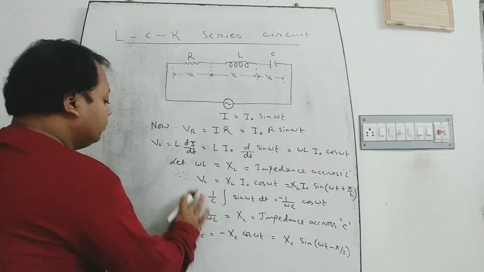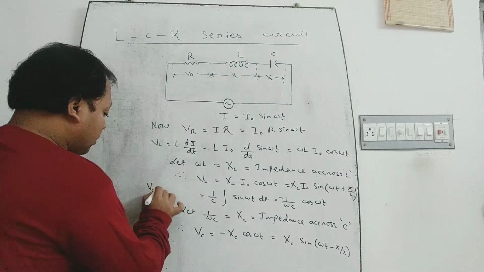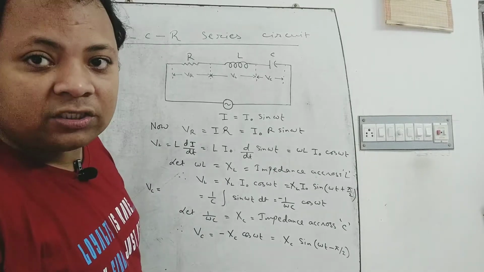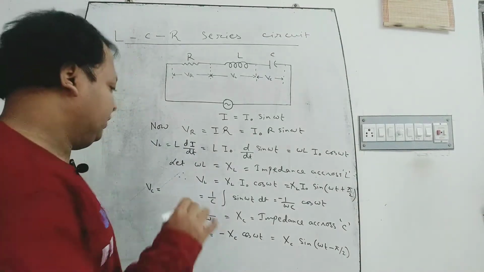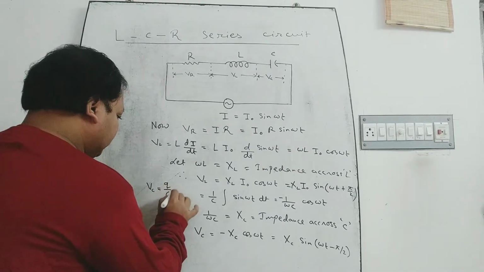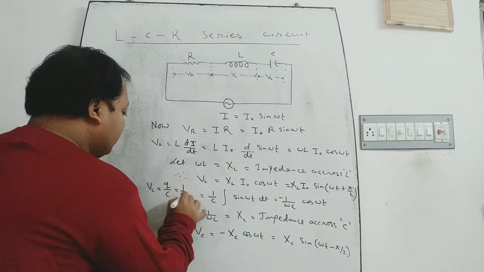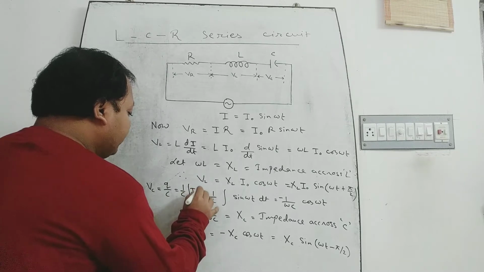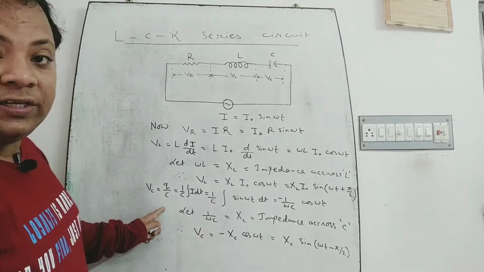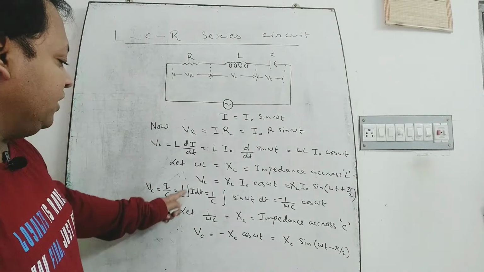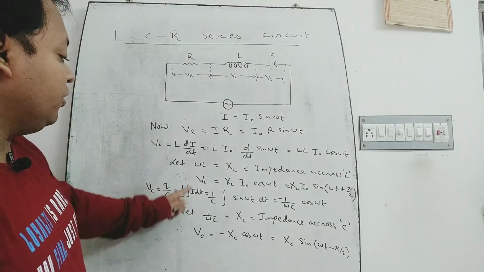Now the potential difference across the capacitor VC is equal to the charge stored in the capacitor divided by the capacitance, that is Q/C, and we know that Q is equal to the integration of I dt. Therefore VC is equal to Q/C, which is 1/C times the integration of I dt.